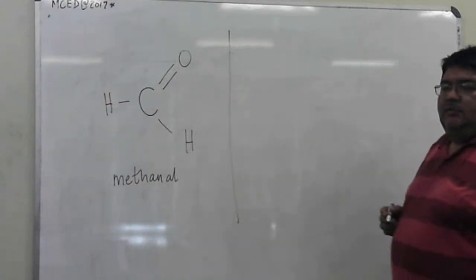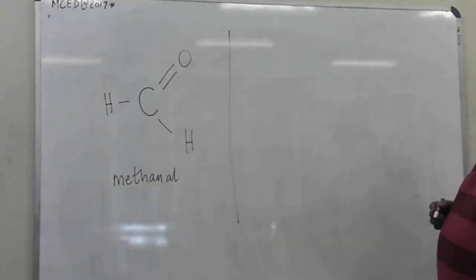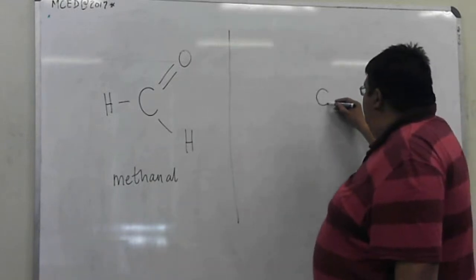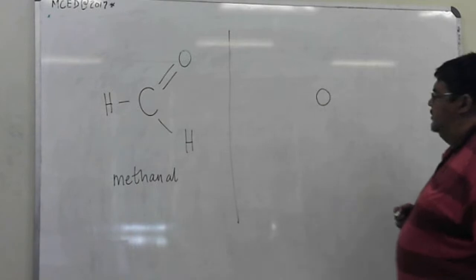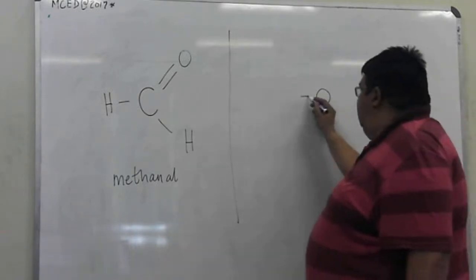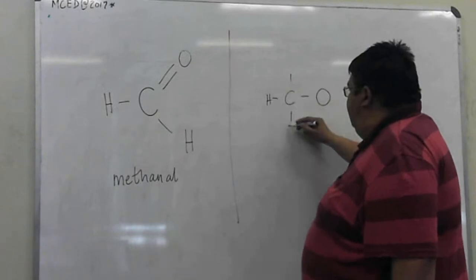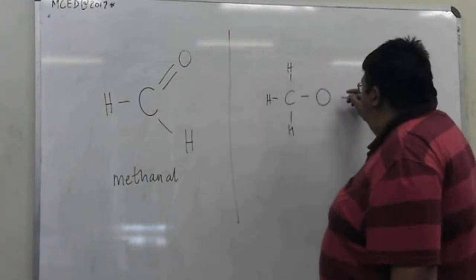Then methyl methanoate. What I do is I always draw my oxygen bridge first, and then I draw my methyl. There's my methyl, and my methanoate.